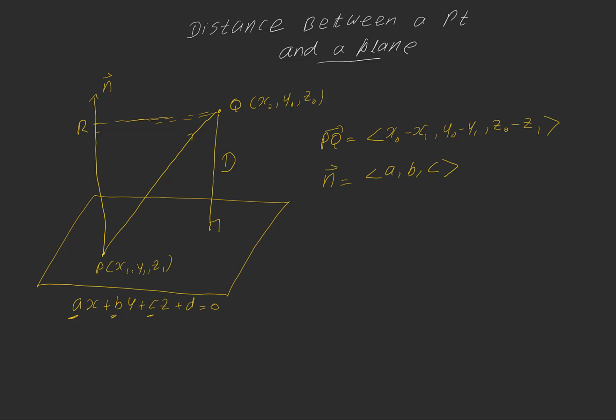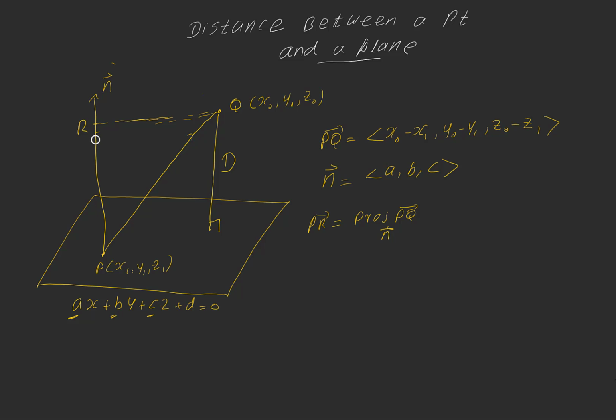D equals PR. So what is the PR vector? Yes, PR is the projection of PQ onto N, because you see this is N here and this is PR.